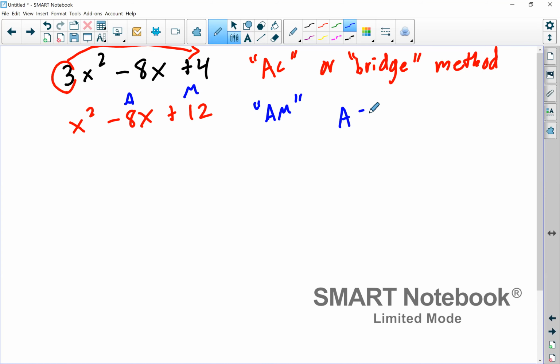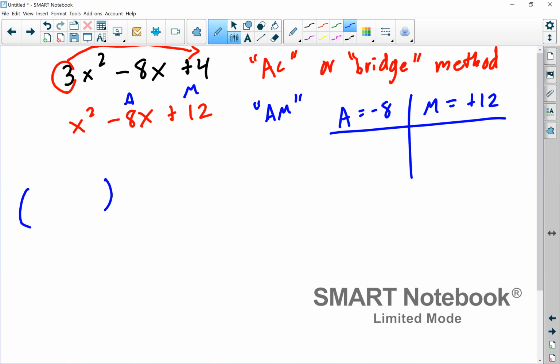So two numbers that add to negative 8 and two numbers that multiply to a positive 12. Because our multiplication is positive, that means both signs will be the same. Since we add to a negative, it means both signs will be negative as well.